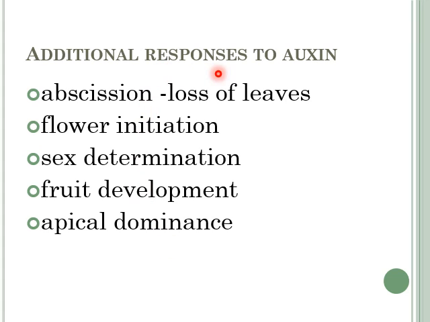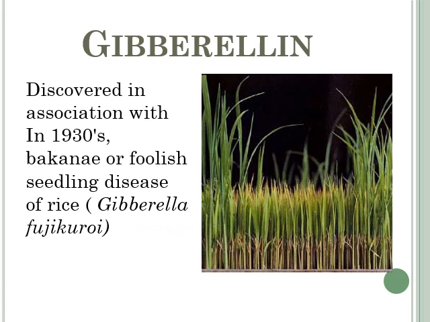Additional responses to auxin are abscission, that is the loss of leaves, flower initiation, sex determination, fruit development, and apical dominance.